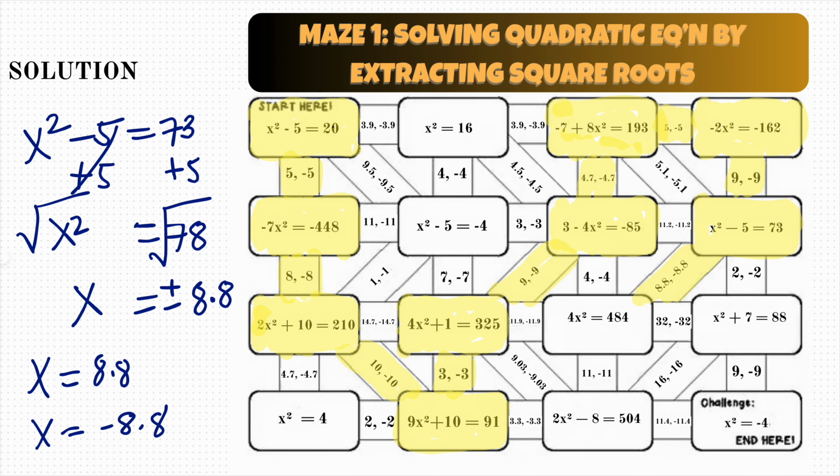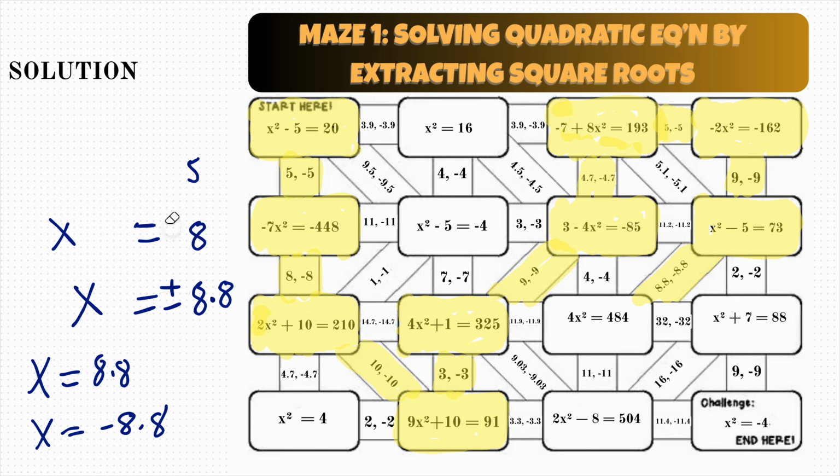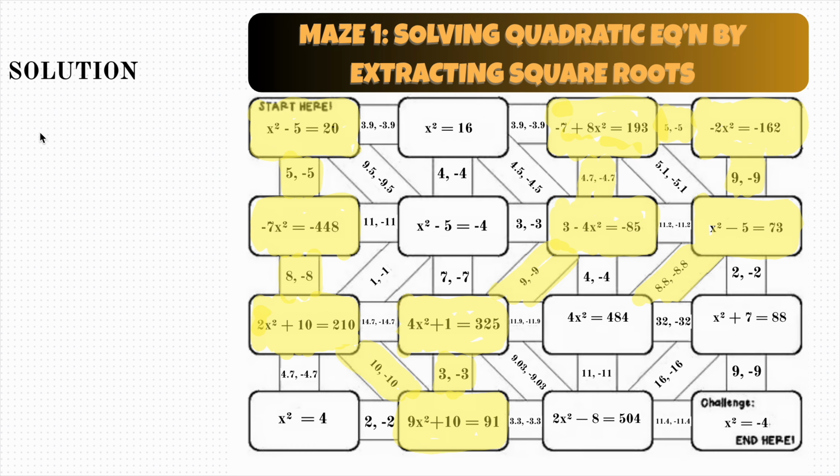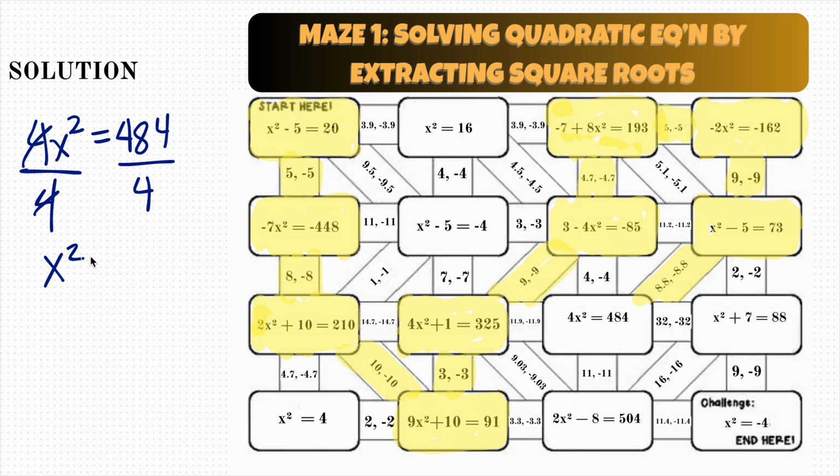Okay, now we proceed to the next one. We have 4x squared. Let me write first the given: 4x squared equals 484. So we divide both sides by 4 to basically isolate x squared. 484 divided by 4 is going to be 121.